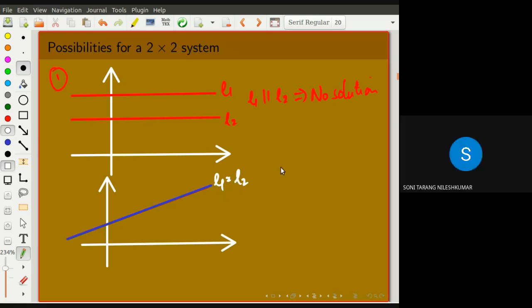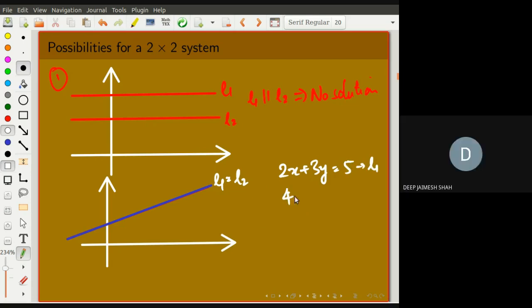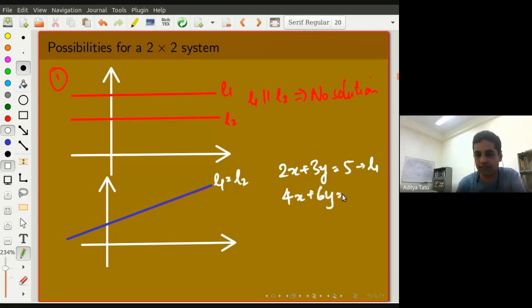No, one equation will be a multiple of the other. If 2x plus 3y equals 5 is the equation of line 1, then line 2 could be, for example, 4x plus 6y equals 10. This would be the equation of line 2, but line 1 and line 2 are the same. So it is in some sense a many to one map. There could be many equations for the same line.